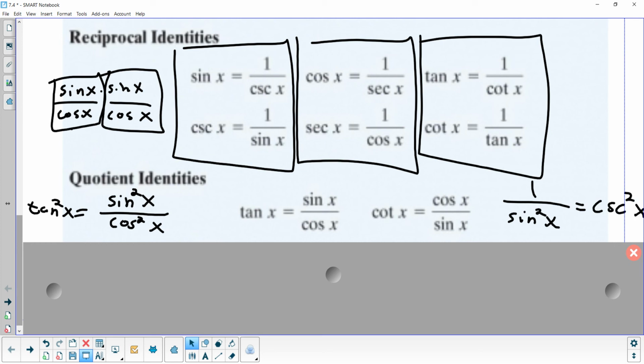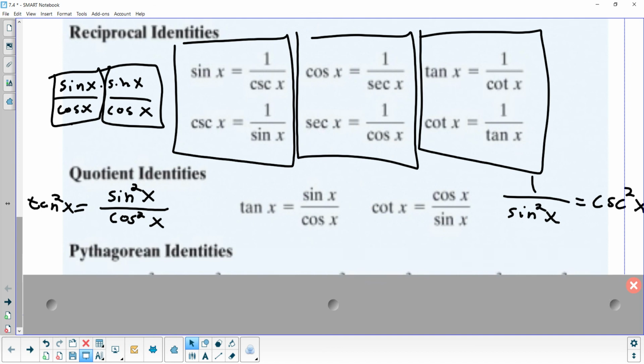Okay, if you flip sine cubed, you would get cosecant cubed. So all of the identities that I just gave you for the reciprocal and quotient, they work with higher powers. Generally, we don't go any higher than a power of 2. So you really don't have to worry about going really high with them.